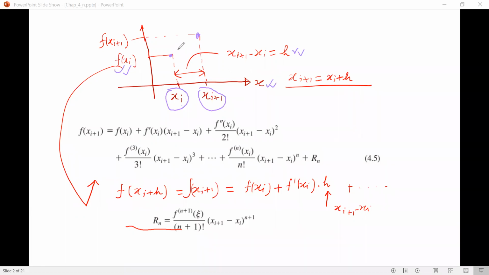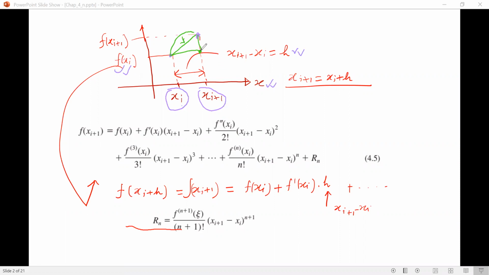Then your function may vary in this way between these 2 points. But if your h is sufficiently small, then this part can be thought of as a straight line, isn't it? If it can be thought of as a straight line, then how can the value of the function at xi plus 1 be approximated?